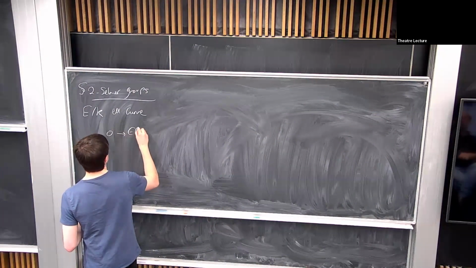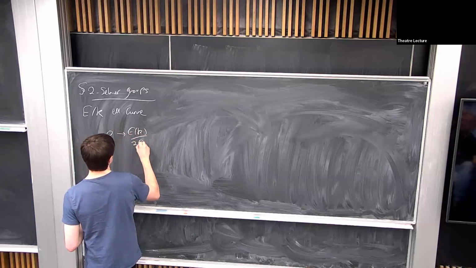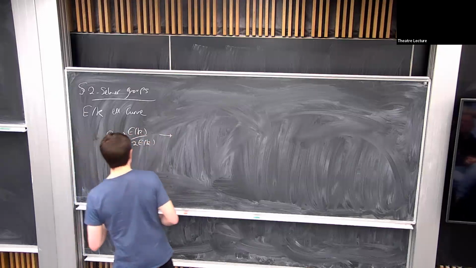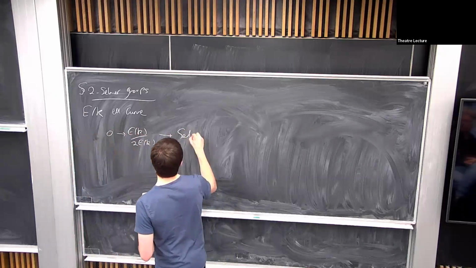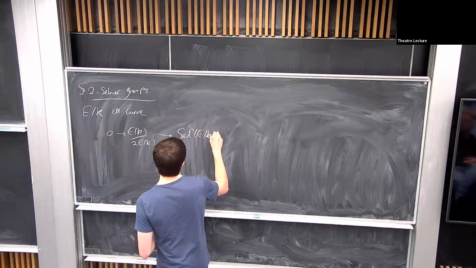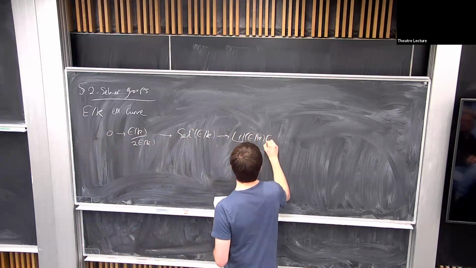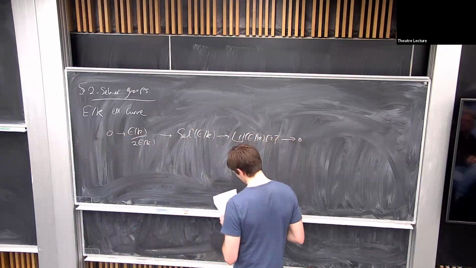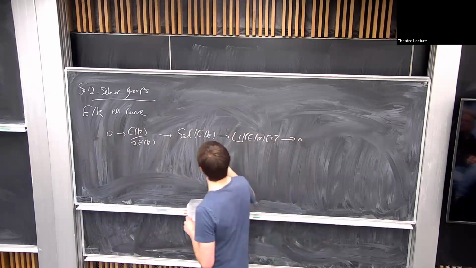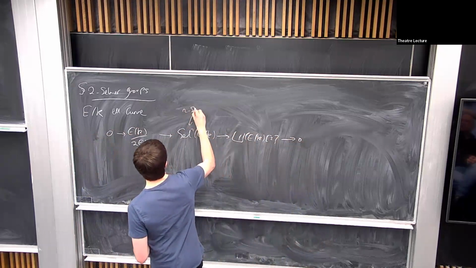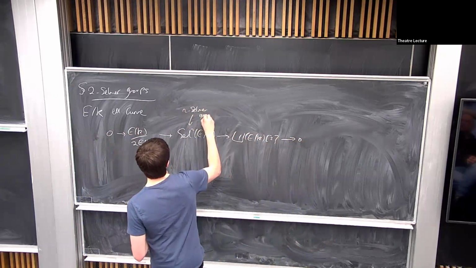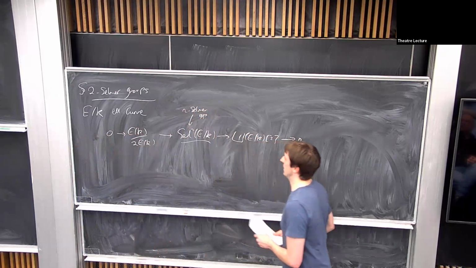And this relates E(K) mod doubles to the 2-Selmer group, with cokernel the 2-torsion in the Shafarevich-Tate group. So some finite dimensional F2 vector space.